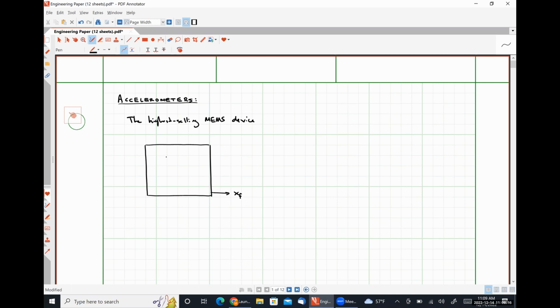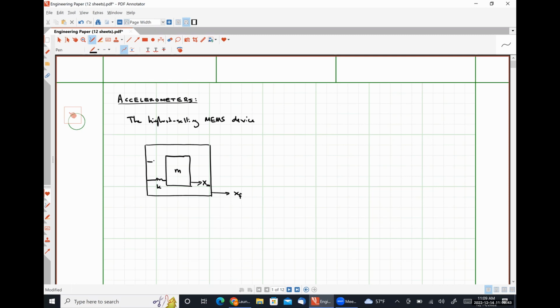Internal to the accelerometer is some proof mass M, which may have some displacement, which I'm going to call X_M, and a spring having spring constant K connects our inertial mass to our frame.